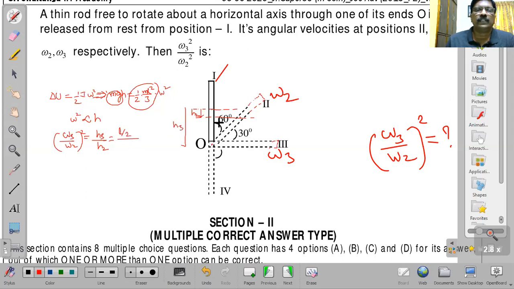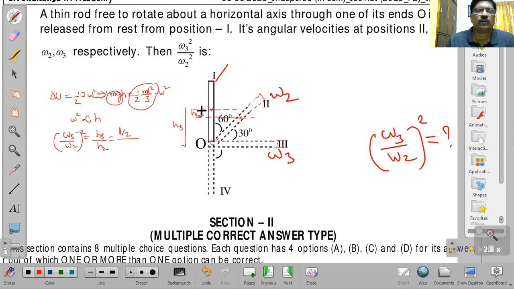What about h2? Here you see, whenever the rod is vertical, the central mass is here. When the rod makes an angle 60 degrees with vertical, the central mass is here. So what about this length? This is L by 2 because it is the central mass. Its component along this direction is L by 2 cos 60.